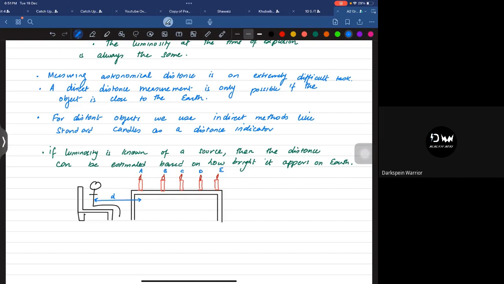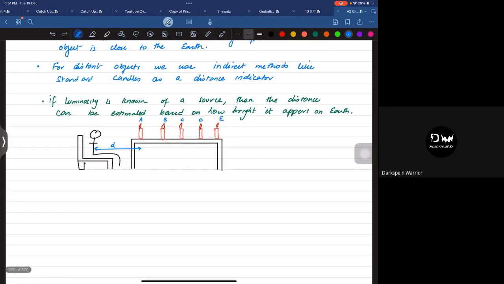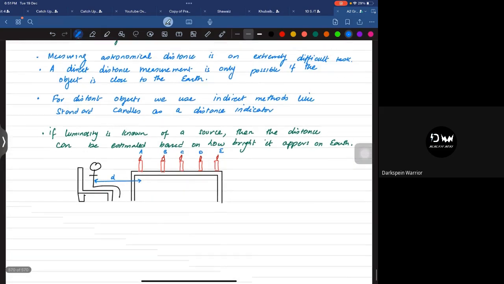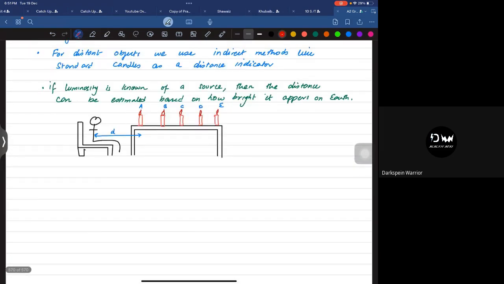So if he knows the distance of A, and knows that the flux he receives from E is this much smaller, then he can find the distance to it, because he has now fixed A as the standard candle. Is it clear? It's as simple as this. It's just an estimation of how far it would be, but these are pretty accurate, it's not that bad.